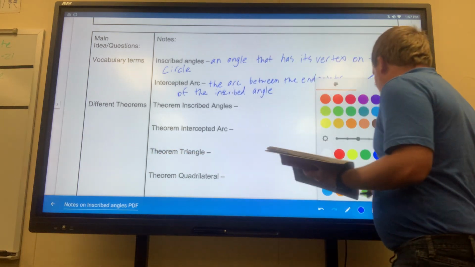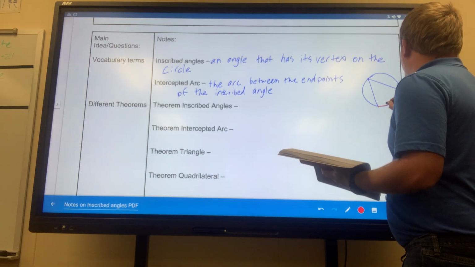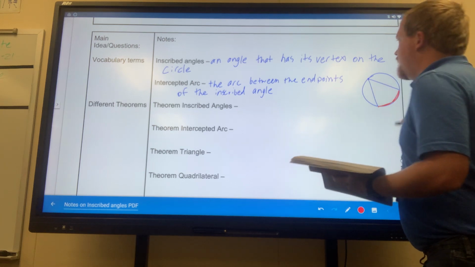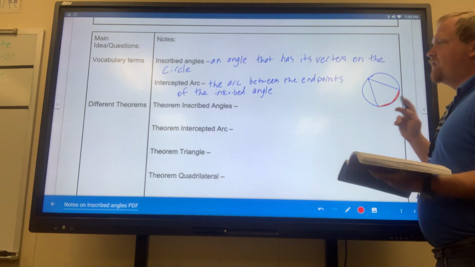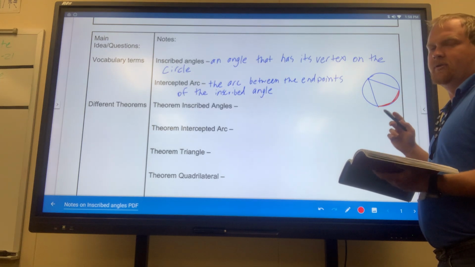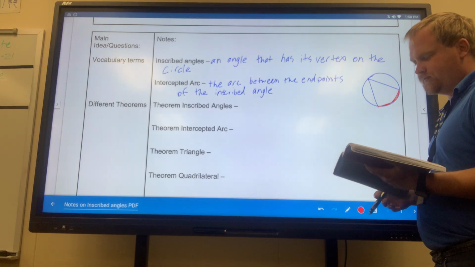So if I look at this, in the red is my intercepted arc. All right, that's what an intercepted arc is. It's in between the inscribed angle that's on the circle.